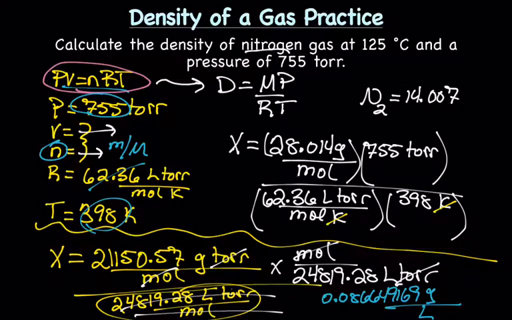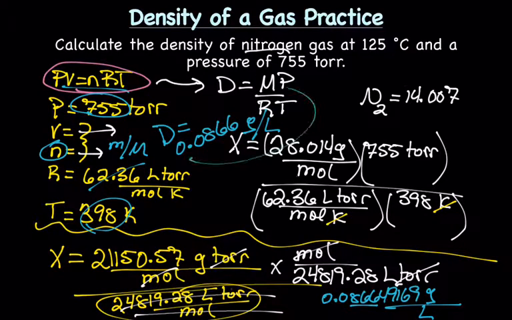So our final answer, we're going to keep these 3. I'm completely out of room here, so I'll write it here. Density equals 0.0866 grams per liter. Woo! We did it.